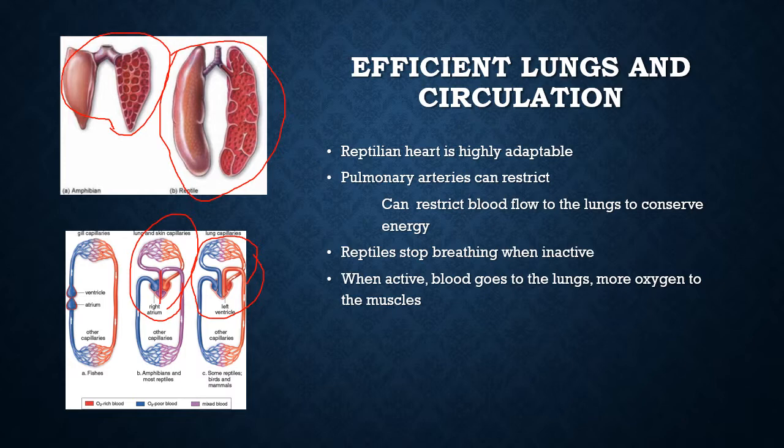Mostly because a lot of times since they're ectothermic, during cold times they're not going to be as active, so they stop their breathing, slow down the blood flow to the lungs, and that way they can conserve energy. But when it's time to be active again, then they can restart that pumping of the blood that goes to the lungs. They can start breathing again and have more oxygen to the muscles. So they can regulate that, and that's unique to reptiles. Very cool.